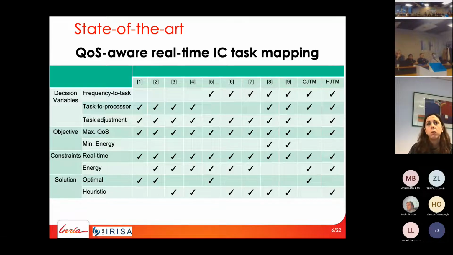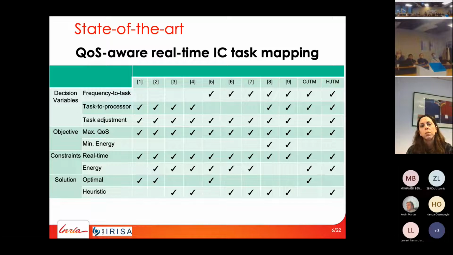Do they decide the task to processor allocation? And do they decide the task adjustment? Then regarding the objective, is it only maximizing the QoS, or is it also minimizing the energy consumption? Again, regarding the constraints, do they take into account real-time execution, and do they take into account the energy consumption? And at the end is whether the solutions are optimal or heuristic.